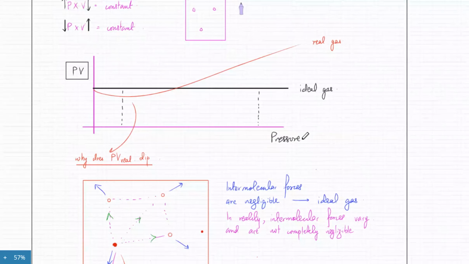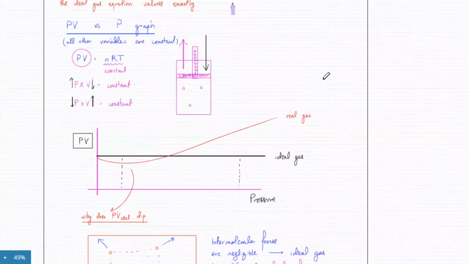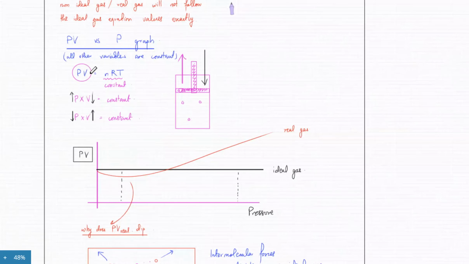But I told you that a real gas is not going to be like that, because not all gases are exactly the same. I explained that a real gas is not actually going to behave in a similar way. What I mean by an ideal gas is the values that you get through these equations. Remember, if you do PV is equal to nRT and you try to calculate the temperature, it's the temperature that you calculate on your calculator.